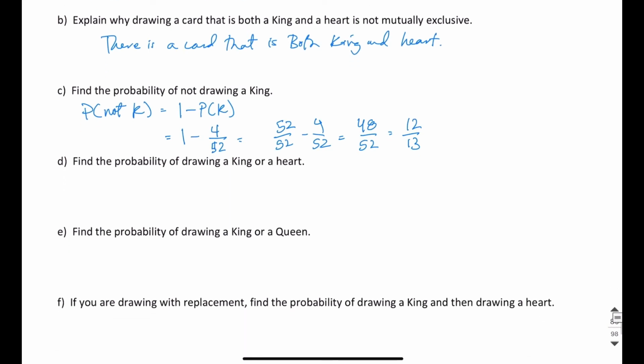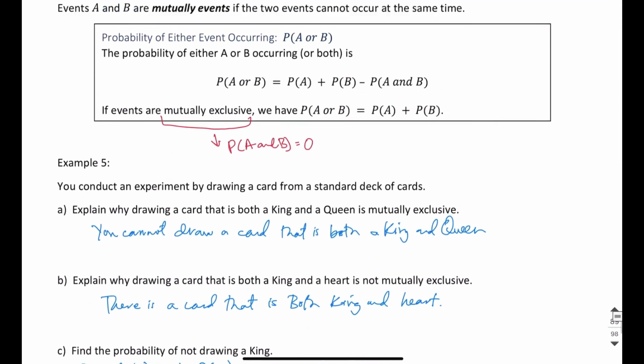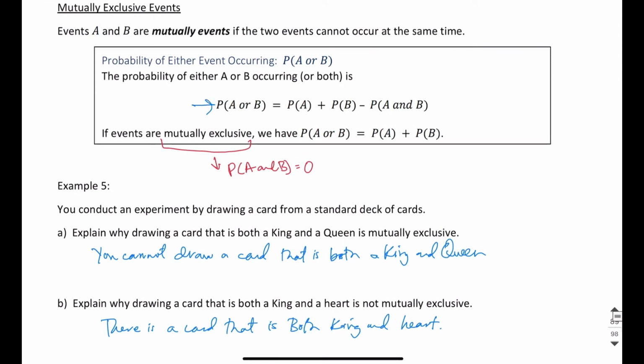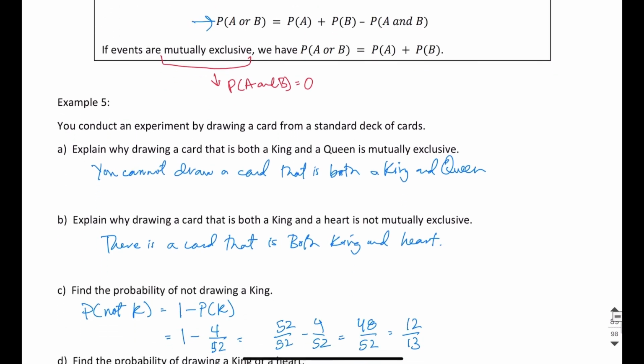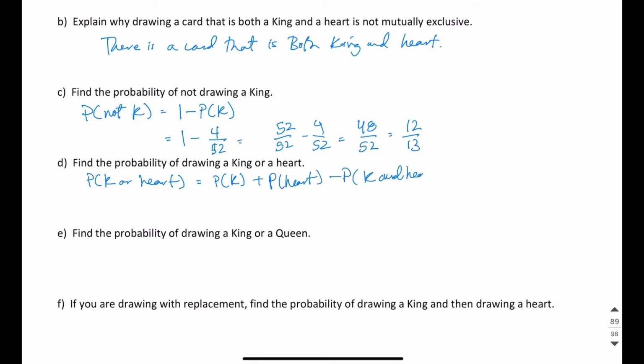What's the probability of drawing a king or a heart? This is the OR probability, so we're going to use the formula up here. The probability of A or B is the probability of A plus the probability of B minus the probability of A and B. So the probability of king or heart is the probability of a king plus the probability of a heart minus the probability of king and heart.